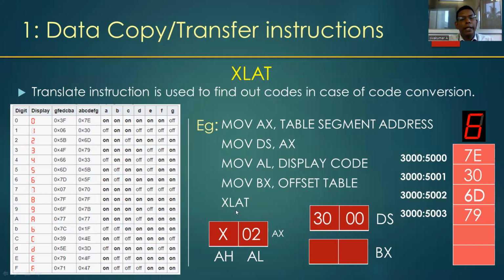After execution of the XLAT instruction, 6D will be moved to the AL register. The BX register contains the offset, and the initial offset will be 5000. So after executing that, 6D will be moved to the AL register. The display code is converted into the corresponding code.